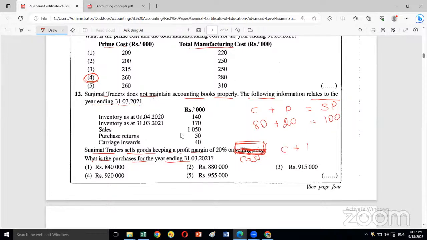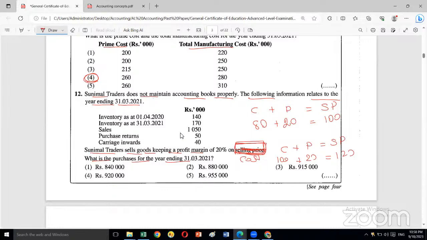Cost plus profit equals selling price. Profit is how many percent? 20%. If they say on cost, it means for the cost amount they are keeping 20%. So then cost will be 100%, profit will be 20%, selling price will be 120%. So you should create an equation like this.